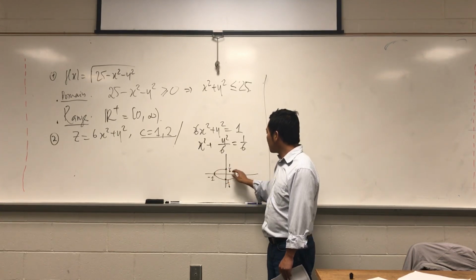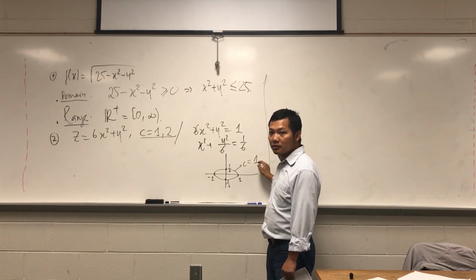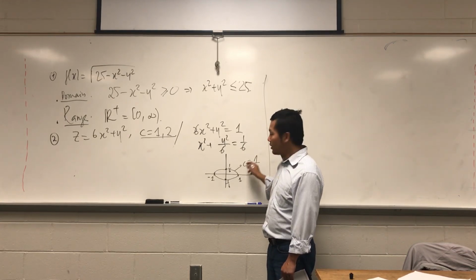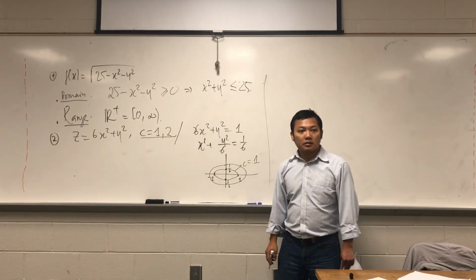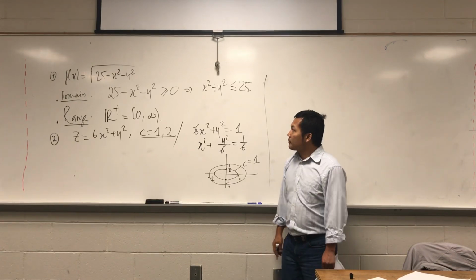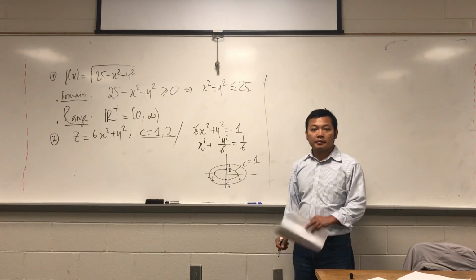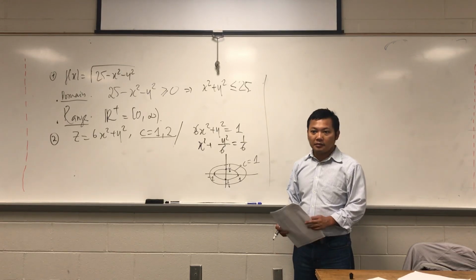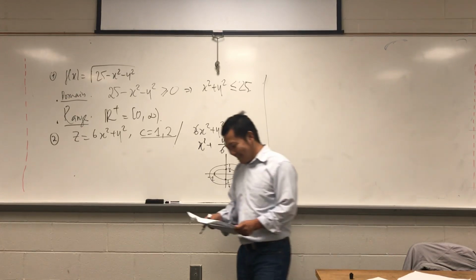So you get an ellipse, and this is for c equal to 1. Get it? So for c equal to 2, you would get something like that. Agree? So you can solve this in 2 minutes. Can you? Not really. I gotta read more.